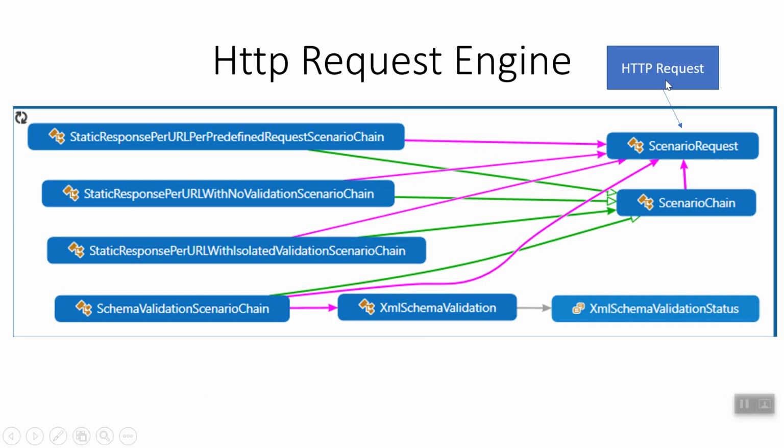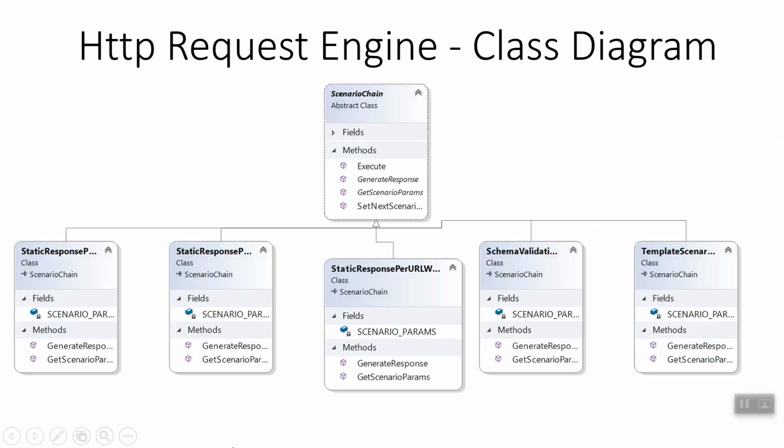Okay, so here is the class. Our HTTP request comes here to something called a scenario request, and this scenario request will go through the first scenario, second scenario, third scenario, fourth scenario, and so on. This is a class diagram.